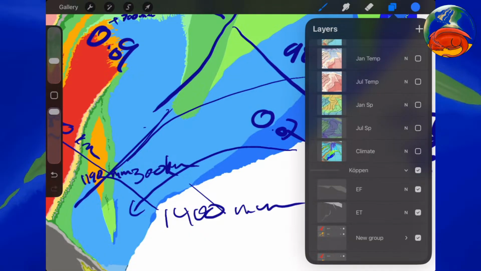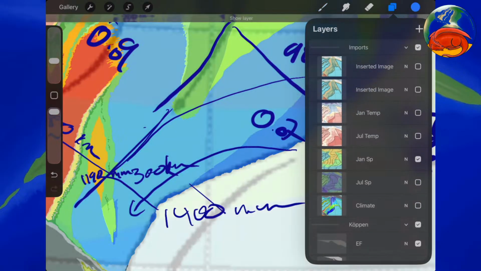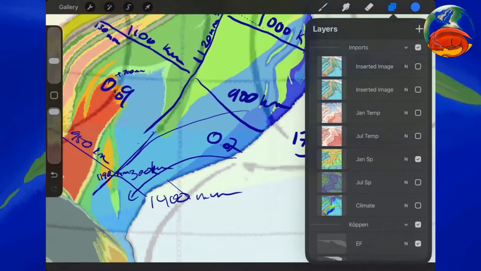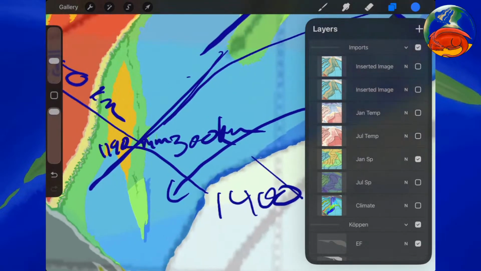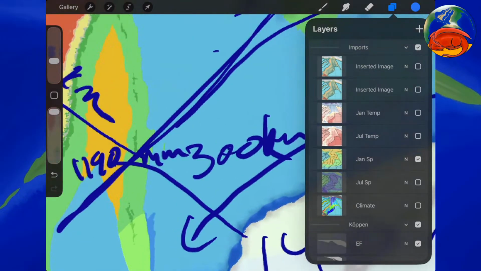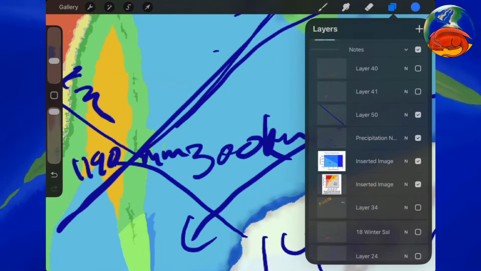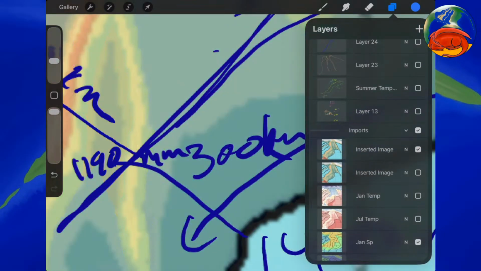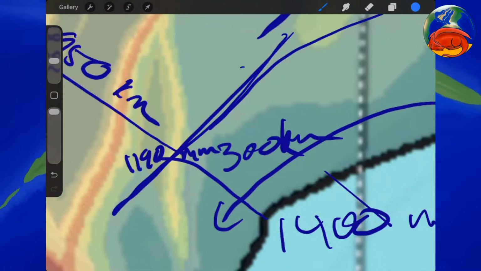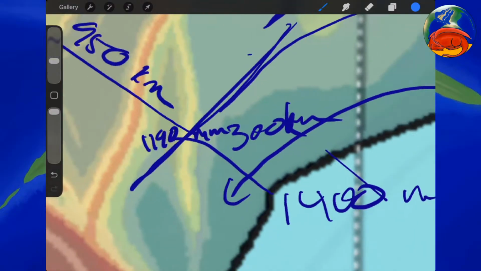And in particular, I'm looking for places that are going to be hit by winter wind. So yeah, in here, let's turn that on. A little bit there.